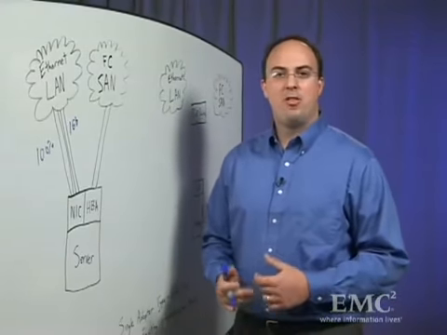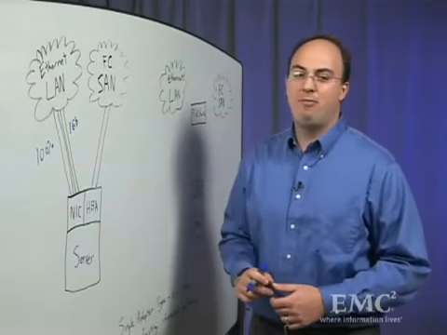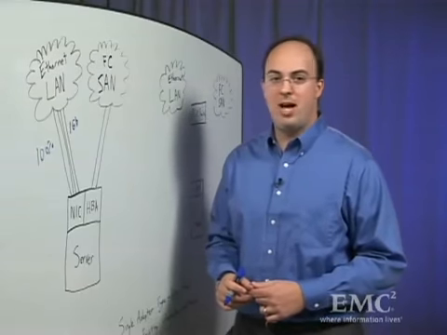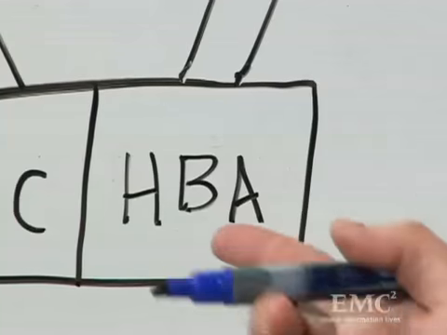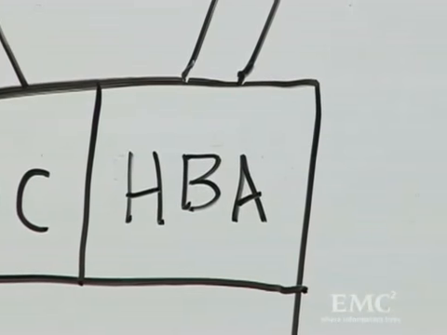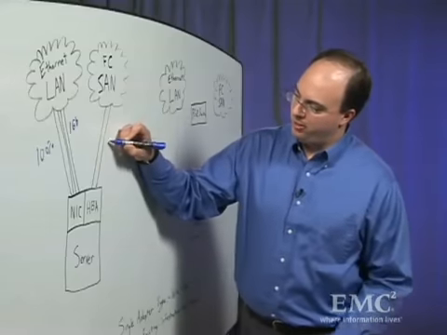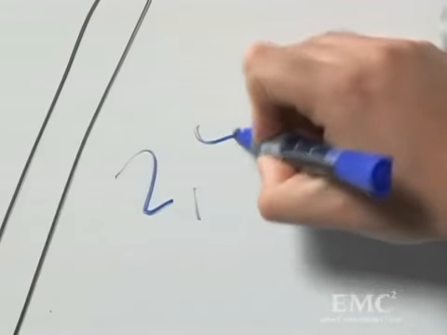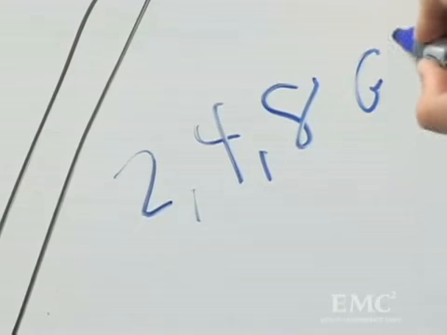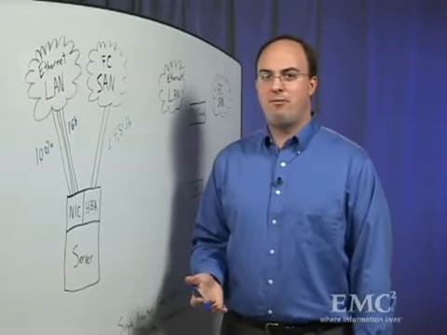environments. The primary way for attaching network storage is through the use of a Fibre Channel SAN, or storage area network. This requires that you purchase host bus adapters, or HBAs, which must be installed in the server and then get wired into the SAN. And these connections can give you 2, 4, or 8 gigabit speeds. Now, Fibre Channel gives us a lot of benefits.